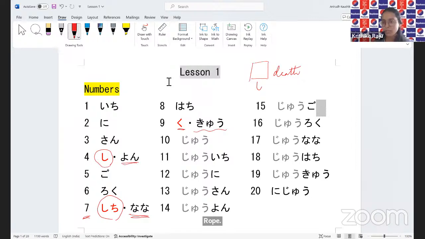Once more for reinforcement. This is the only way to do this, because it's just memorizing. There's no meaning to it, no logic to it, no reasoning to it. So once more, 1 to 10. Last time. Ichi. Ni. San. Yon. Roku. Nana. Hachi.